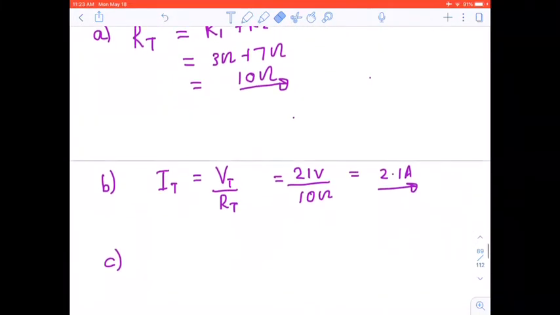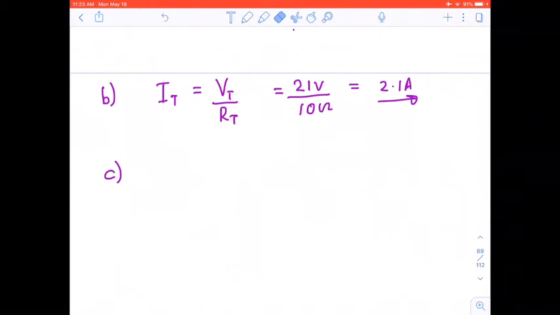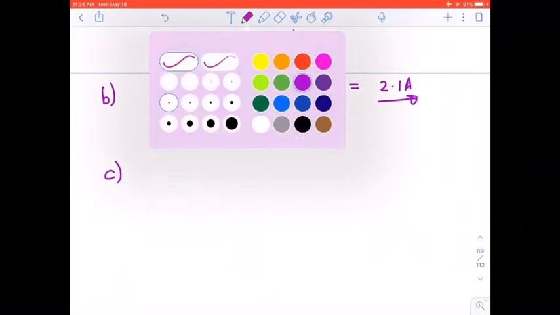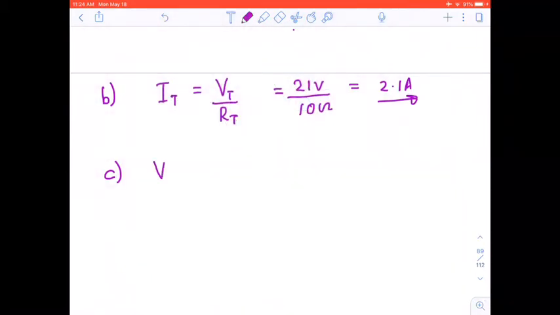So if we want the voltage across the 7 ohm resistor, we need to know what's the current in the 7 ohm resistor.